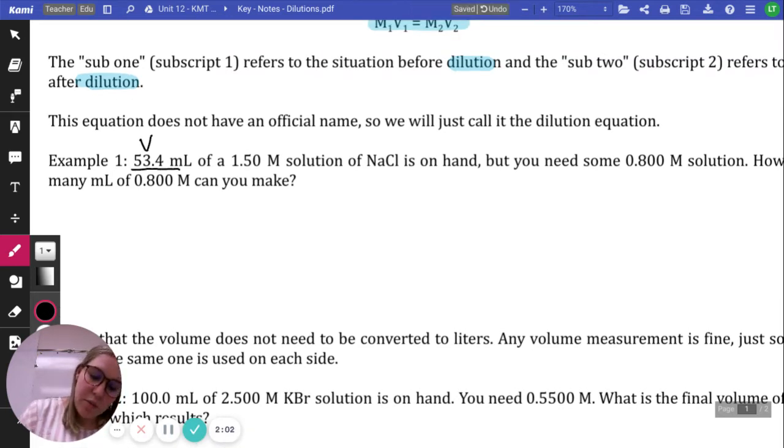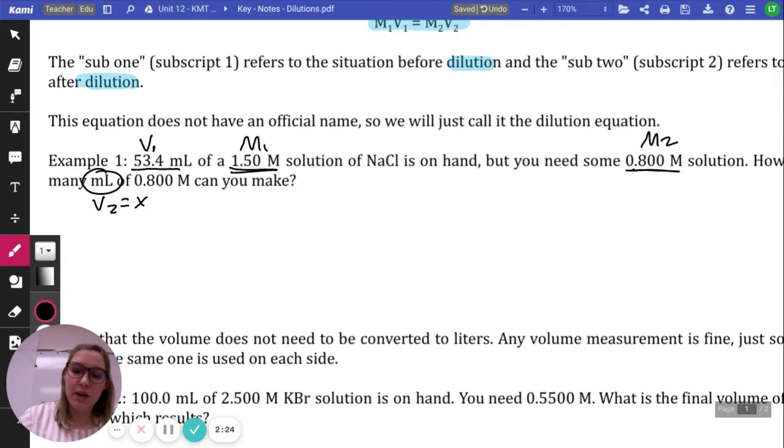That's a volume, and that's our before dilution volume. So that's going to be V1, and we have 1.5, which is going to be our M1. We want to make 0.8 molar solution, so that'll be M2. And we want to know how many milliliters, so V2. So V2 is what we are looking for.